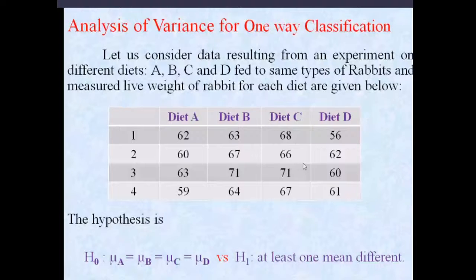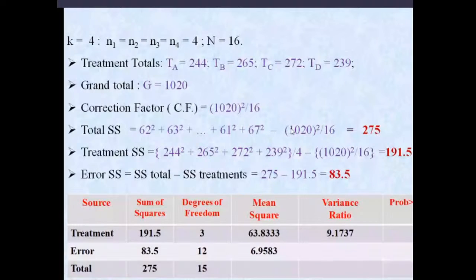So each observation that you square and add is called the raw sum of squares. Minus correction factor, the resulting value is 275.